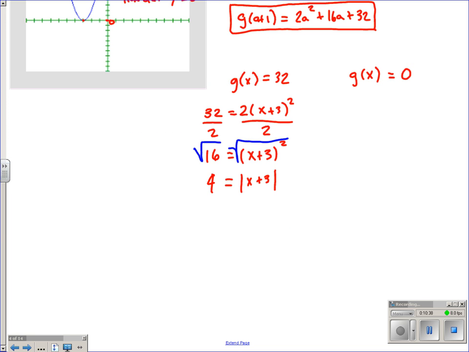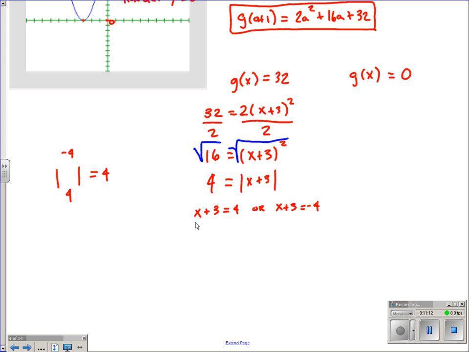Now, if your teacher just tells you to skip that and put the plus or minus 4, that's fine. Because I know there are two values that I could plug into absolute value brackets to get a true statement here. I could plug in a negative 4 or a positive 4 to get 4 out, which means that x plus 3 has to equal 4, or x plus 3 has to equal negative 4.